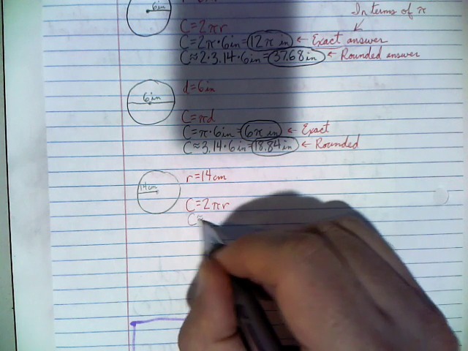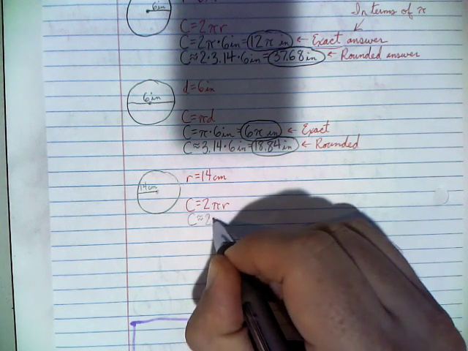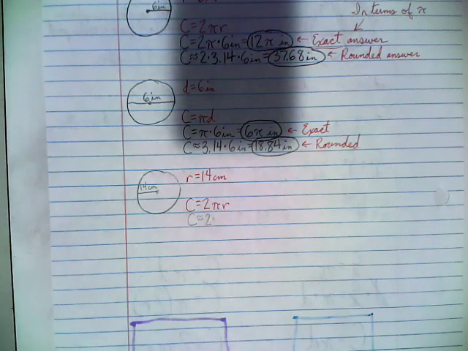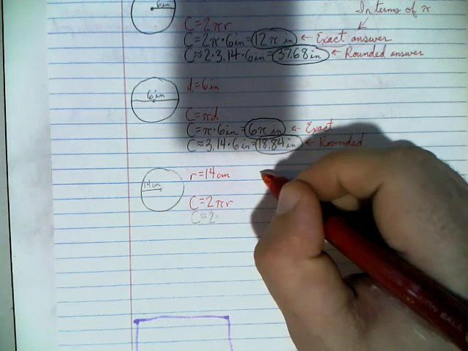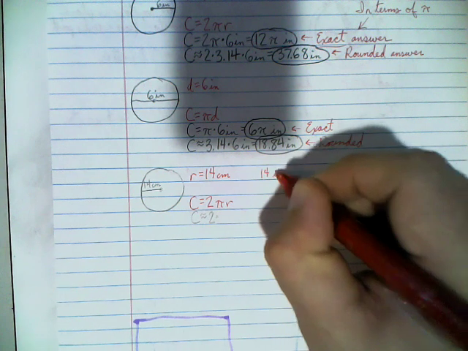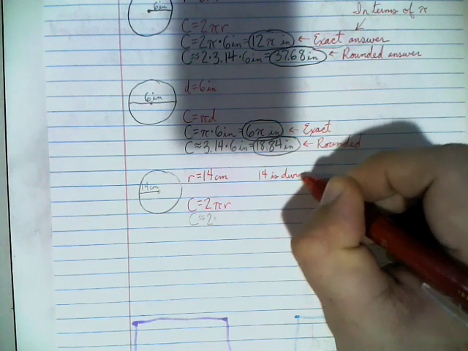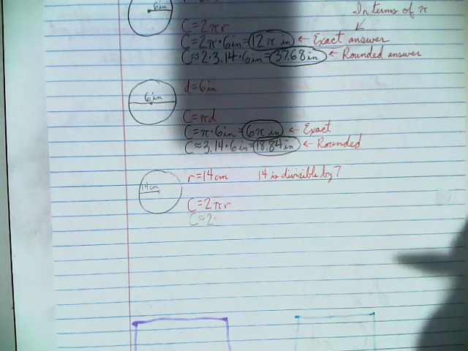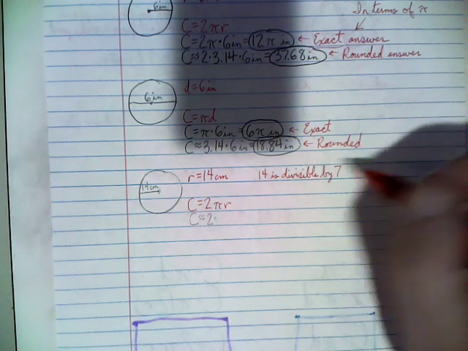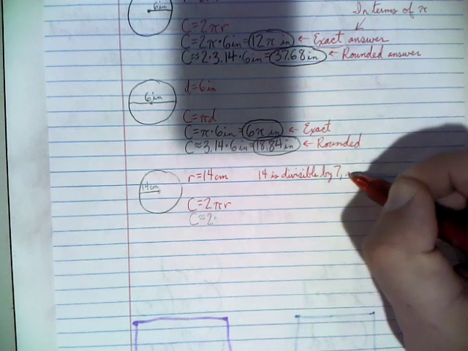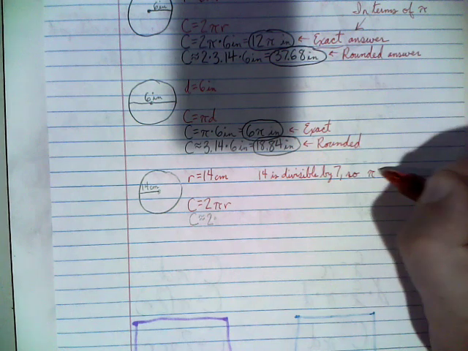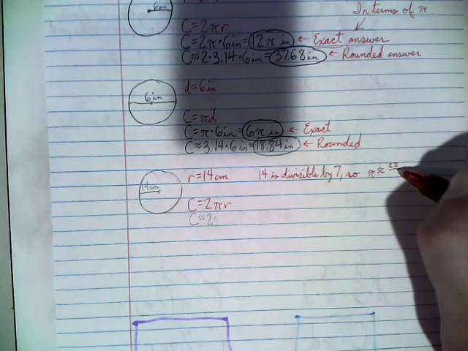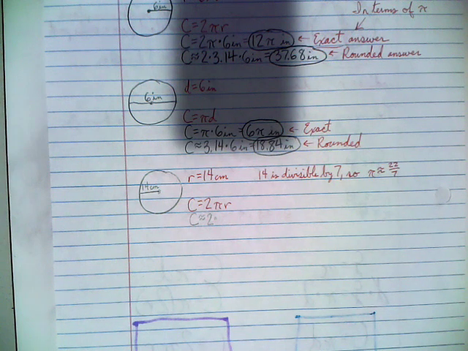So C is approximately equal to 2 times. Now here, this is a time because 14 is divisible by 7. So pi approximately equal to 22 sevenths, because fractions mean division, so that's basically dividing by 7 there.